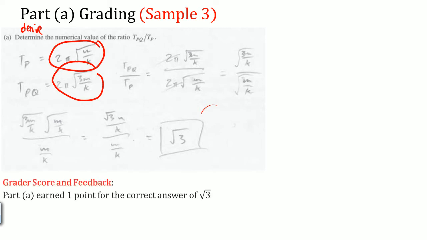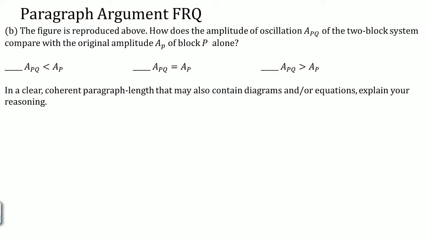Okay? Now let's take a look here. The last part says the figure is reproduced above. How does the amplitude, just think about that as the amount of energy of the oscillator of A_PQ when the two blocks are there originally compared to just when it is alone.